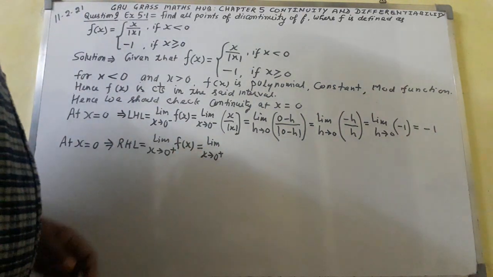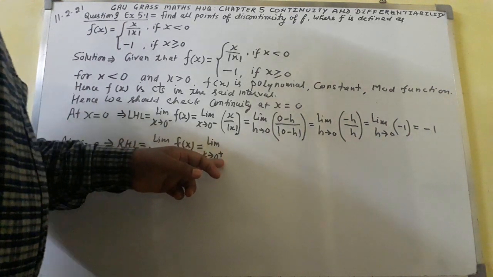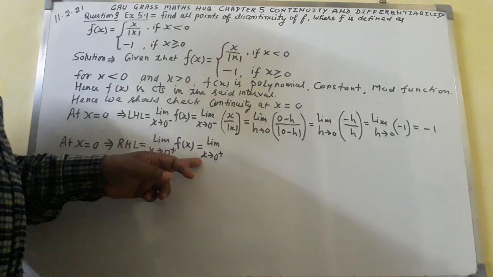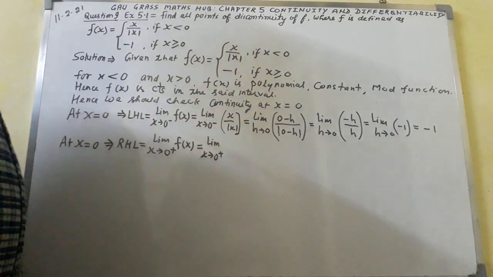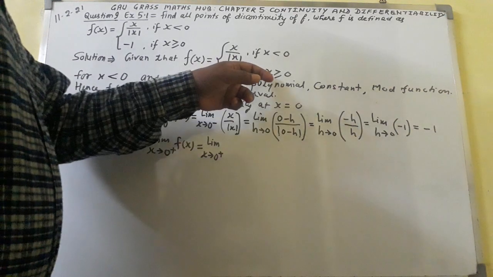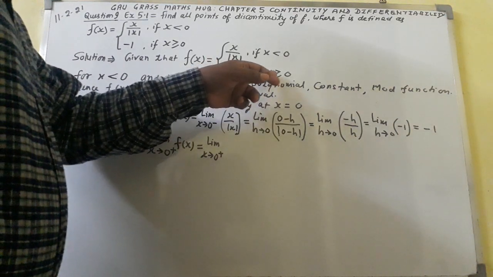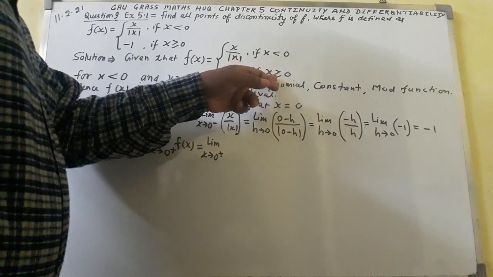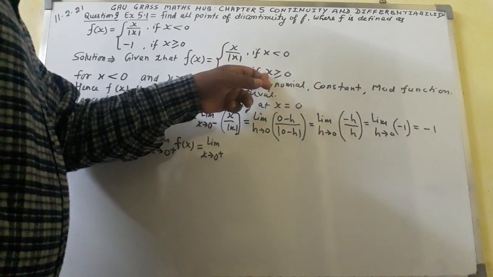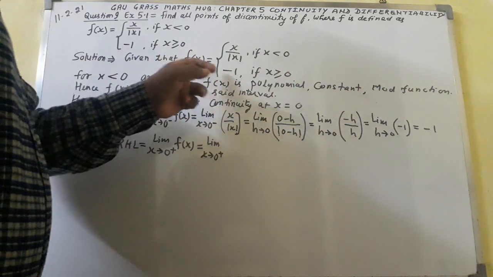Here x tends 0 positive means that the value of x must be greater than 0. The function will be f of x equal to minus 1.